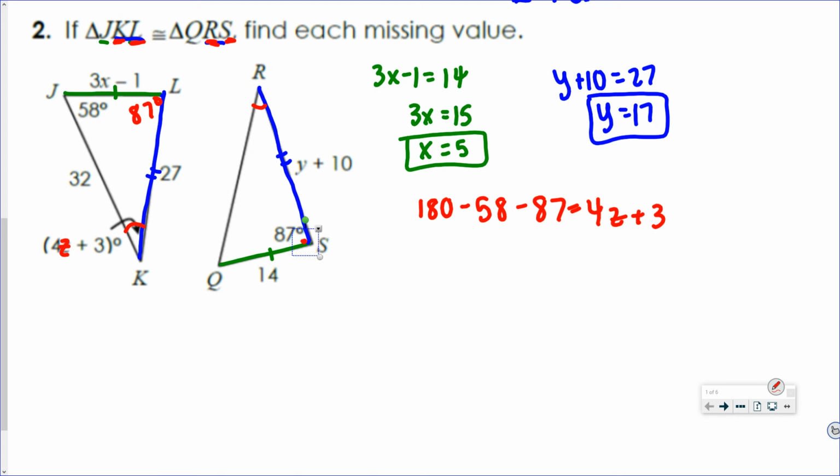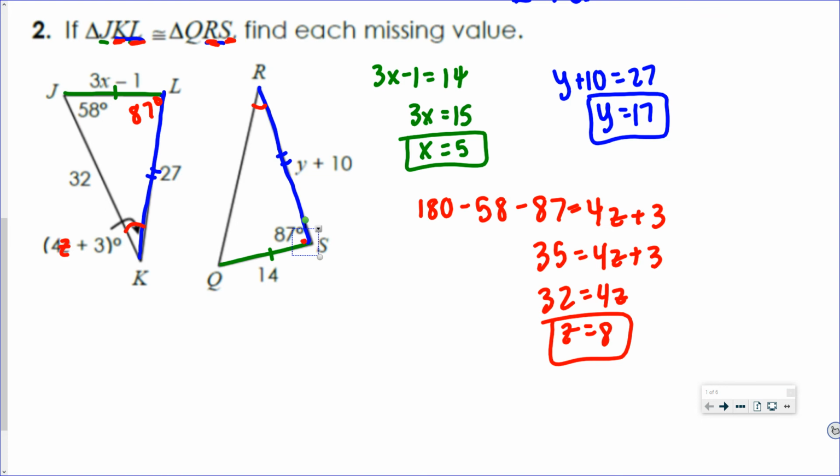I think I actually did that last hour, but whatever, it doesn't matter. You're going to get the same answer either way. So here we got 35. And I subtracted 3. Divide by 4. I got Z to be 8. Those are congruent triangles. How do we do? Good?